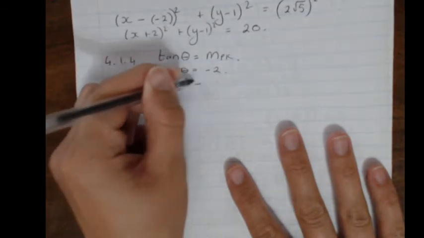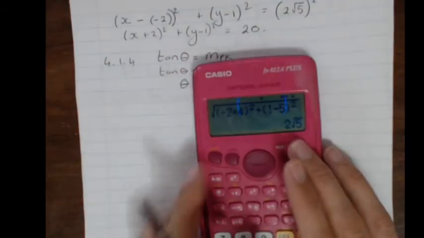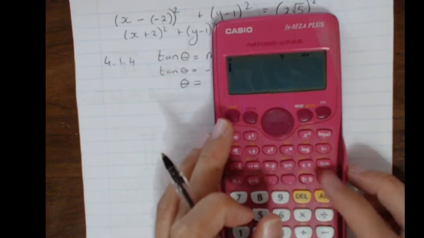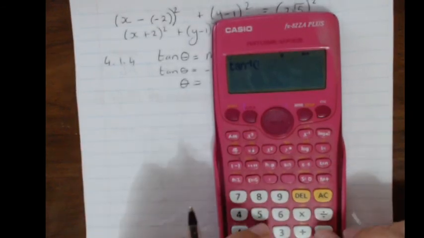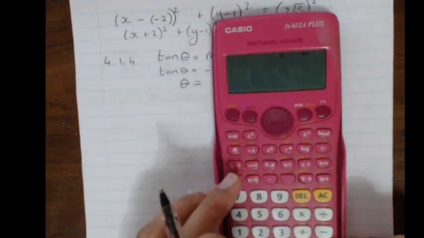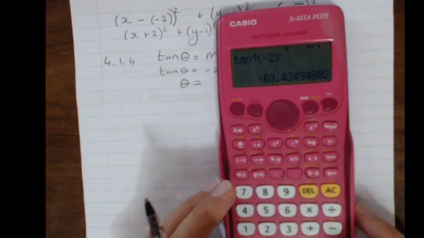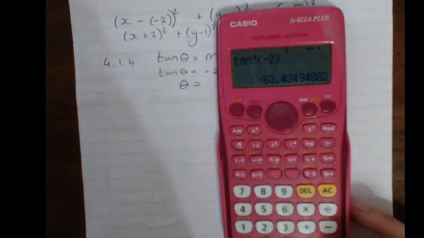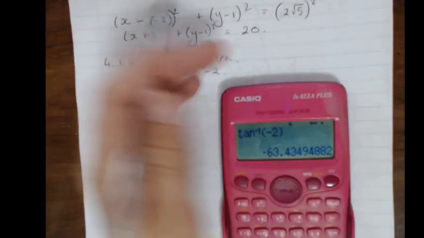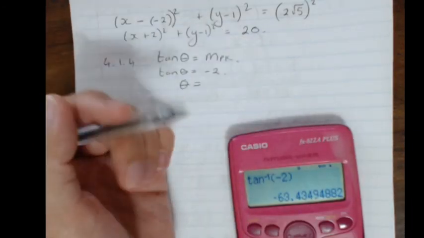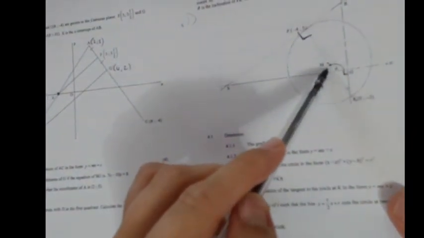That means theta. And let me just show you what I do on my calculator. If I type shift tan -2, it gives me -63.43, which obviously that angle size is not negative.